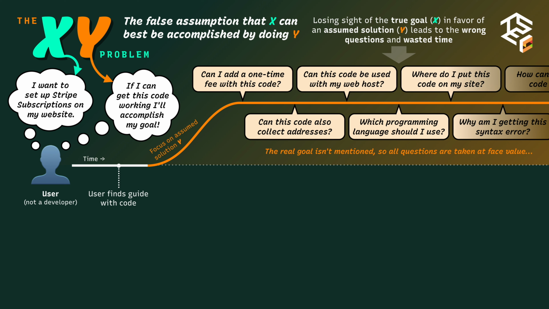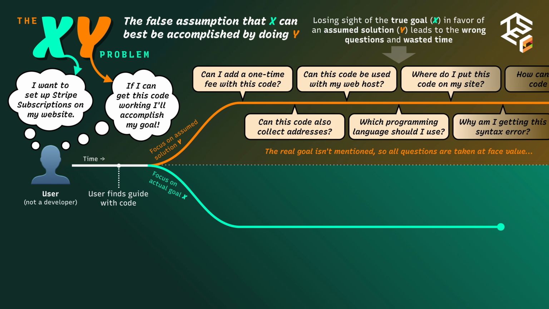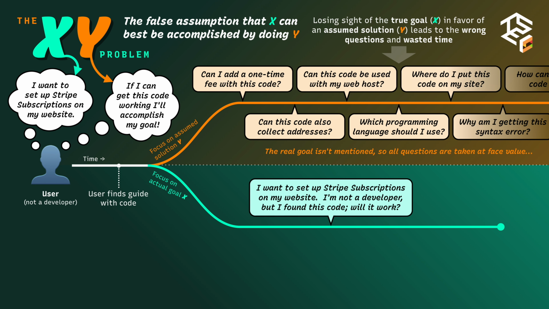However, there is another path. Let's look at another timeline, where the user's focus stays on their actual goal. In this timeline, the user starts with a different question, one that has a clearly stated goal in relevant context. Now we know their real goal, the fact that they're not a developer, and we can see that trying to write code is probably not the best path forward for them.